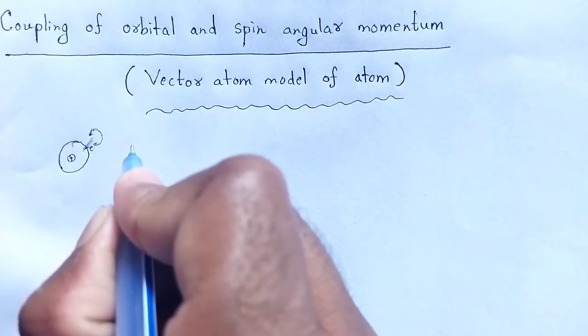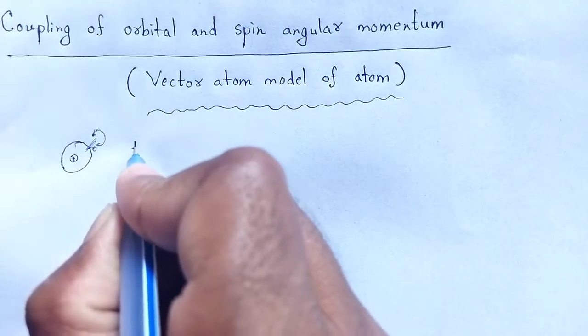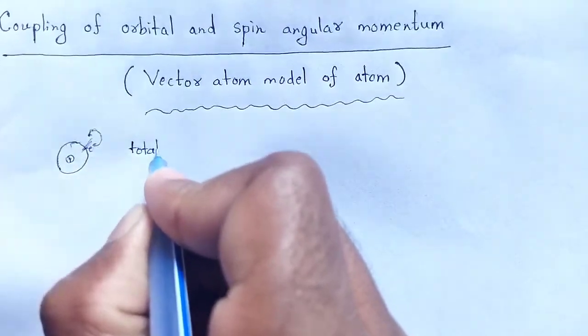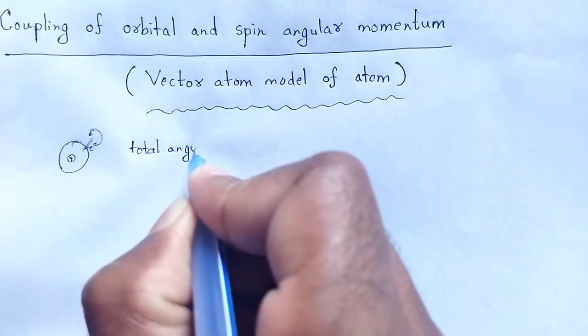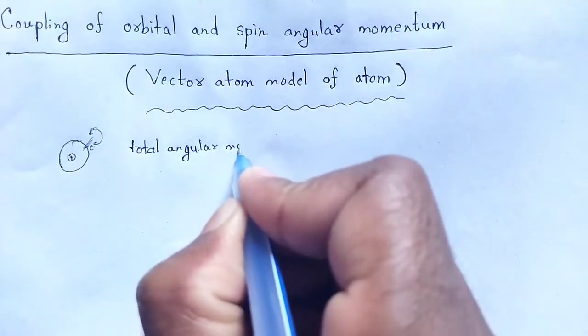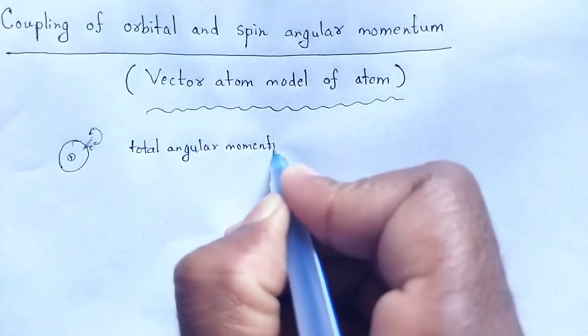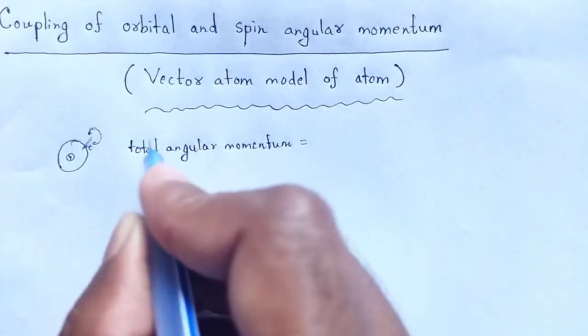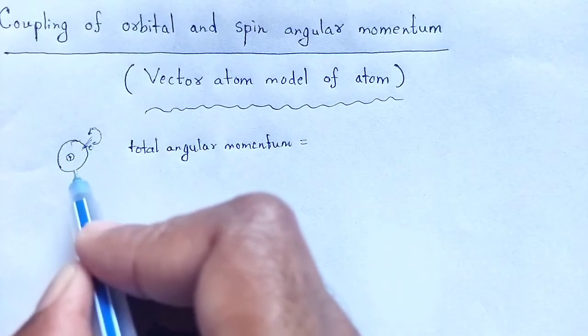So the total angular momentum results due to two types of angular momentum.